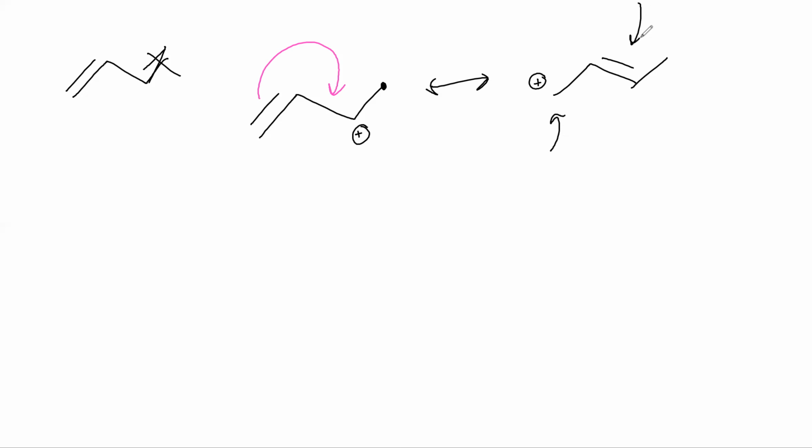Now what we have here is something called an allylic carbocation. And of course, it's an allylic carbocation because we have a carbocation. But we can also have allylic radicals, which will generally have the look of this. Allylic carbanions, which will look like this. And then finally, our allylic carbocations.